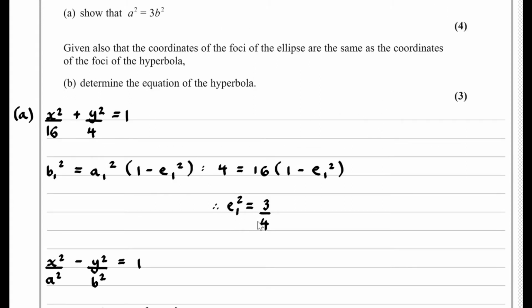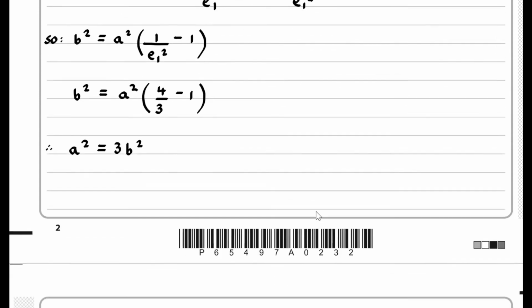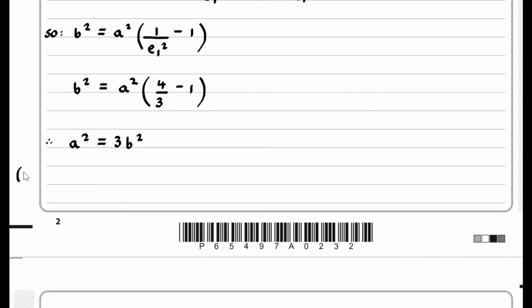Well, first of all, if we know that e1 squared is equal to 3/4, what we can see from that is e1 is equal to the square root of 3/4, which is equal to root 3 over 2.